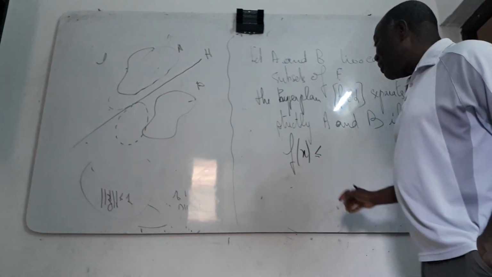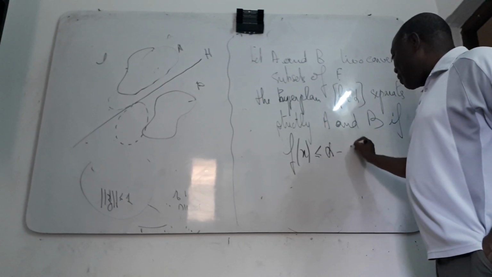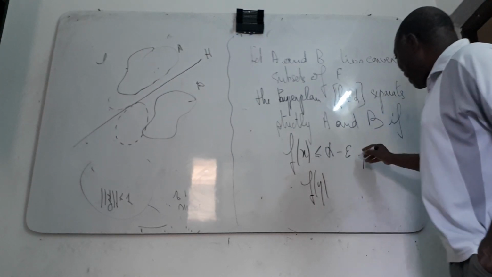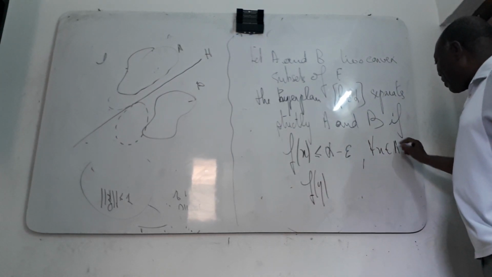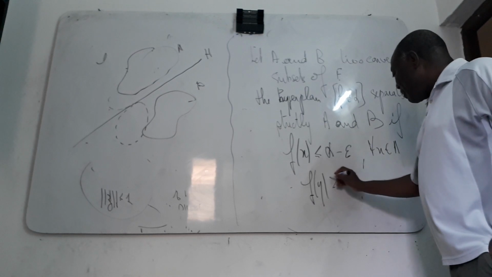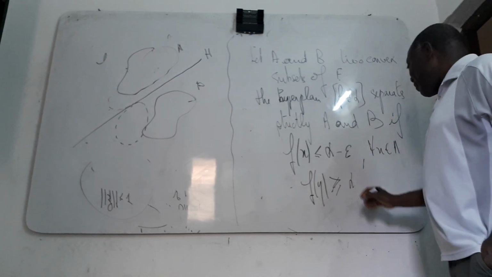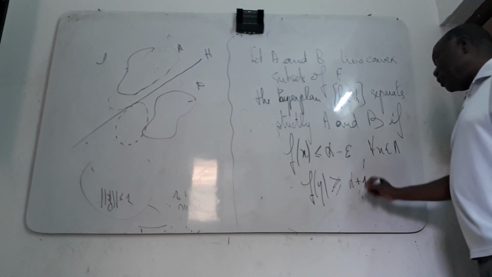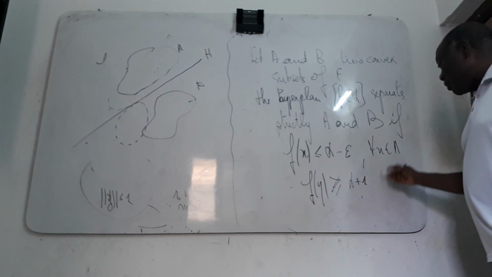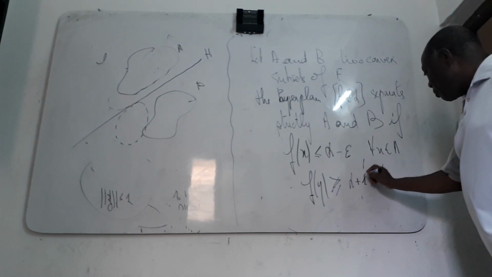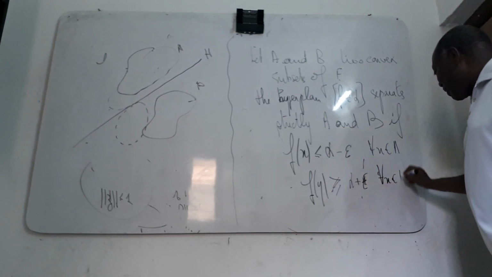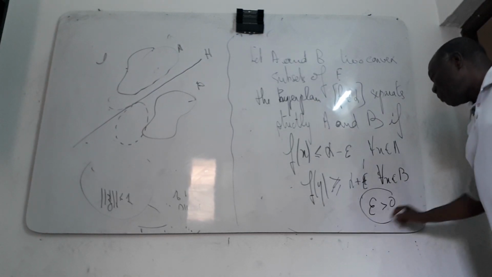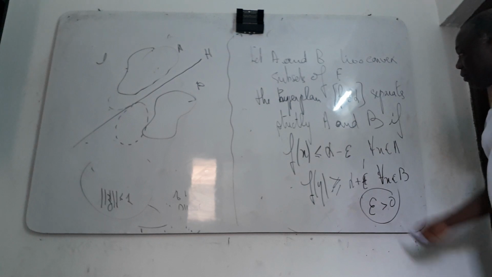might be greater than alpha minus epsilon, and f of y is greater than alpha plus epsilon, for all x in A and for all y in B. You see that there exists some positive epsilon such that you have this condition.